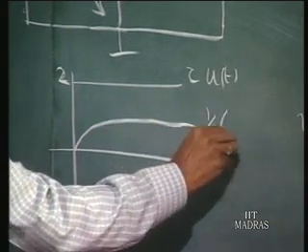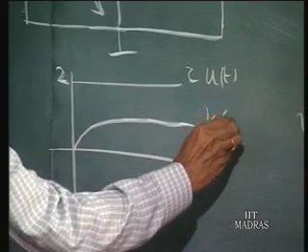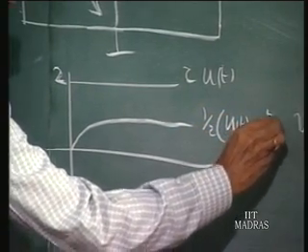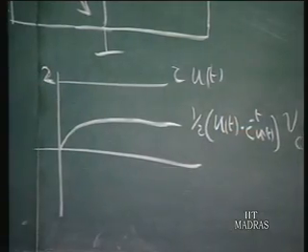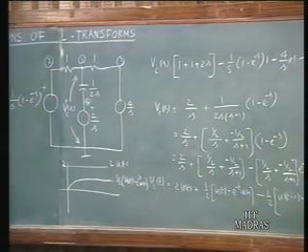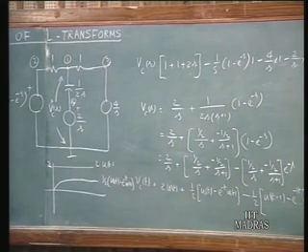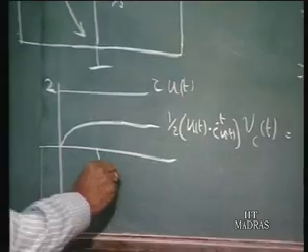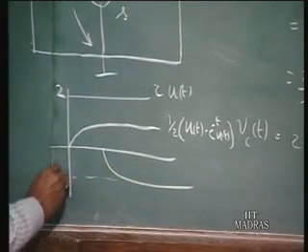As far as this other portion is concerned, it has a negative value, it is the negative of this, but it starts from t equals 1. Therefore, it will be something like this and asymptotically reaches half.